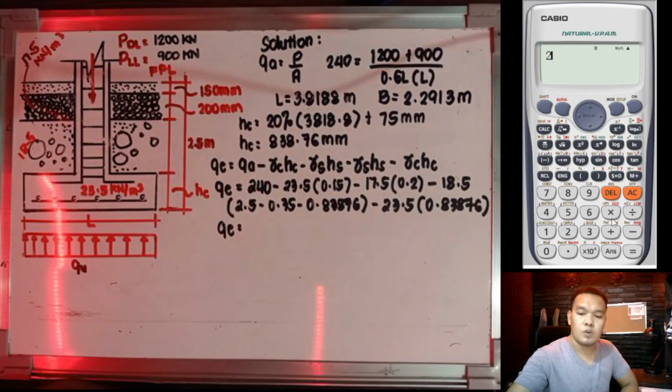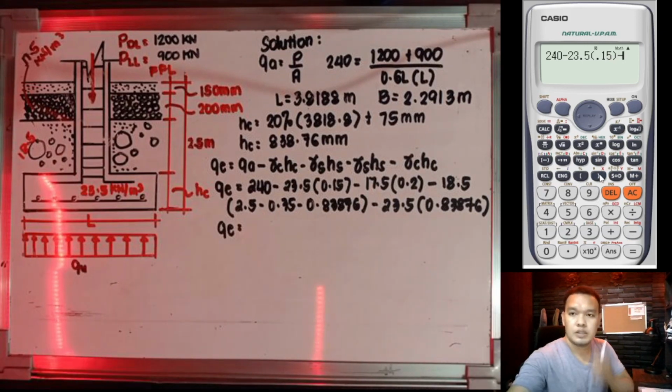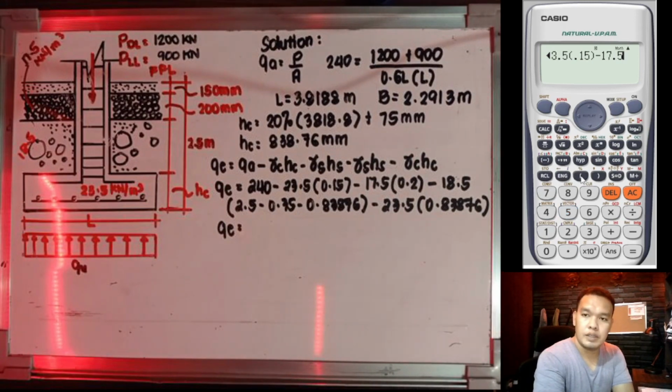So we have here QE is equivalent to, let's put it in the calculator, 240 minus 23.5 multiplied by the thickness, which is 0.15, minus 17.5 multiplied by 0.2.